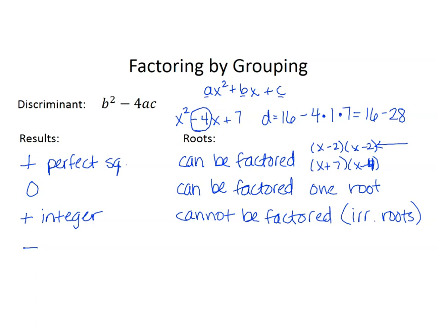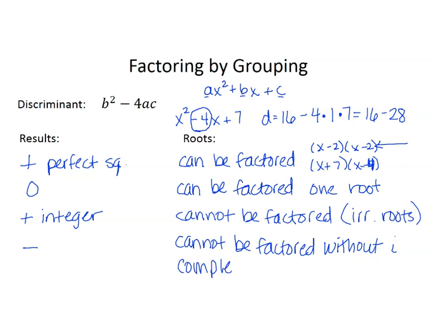And then if you get a negative, that means that it also cannot be factored without using i. If you use i, then sometimes it can be factored, but you know for sure that if your discriminant is a negative, it's going to be an imaginary number or a complex number that you would have for your root.